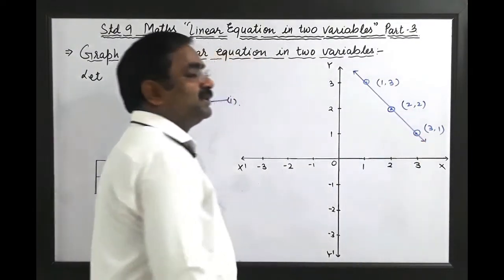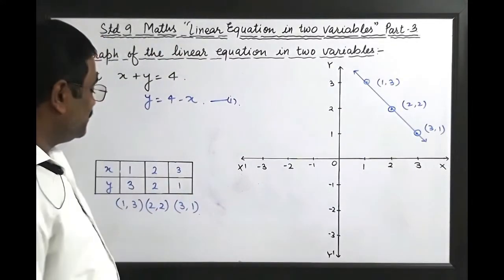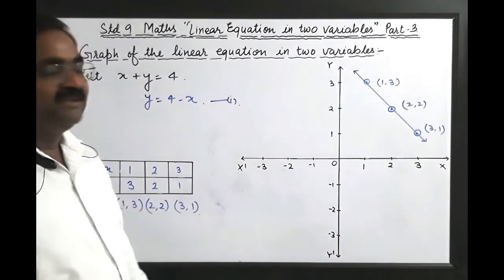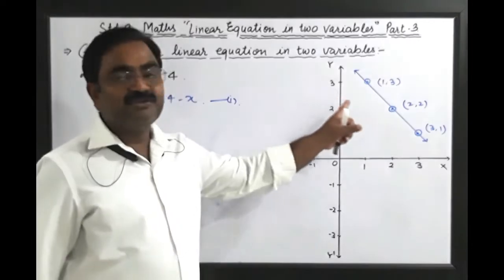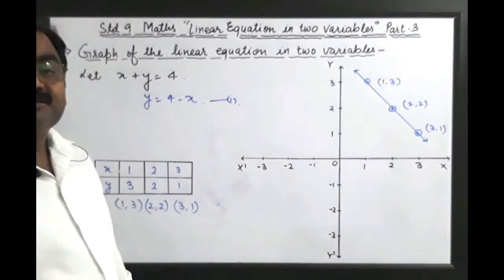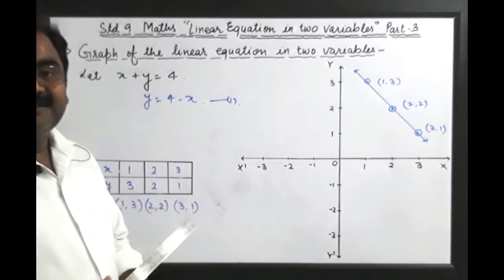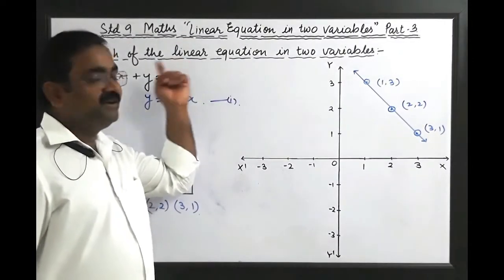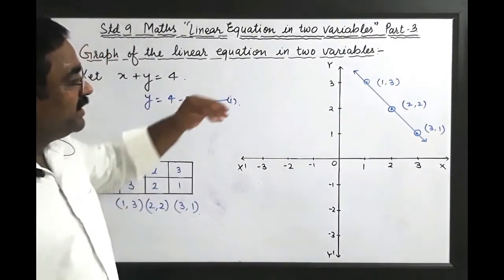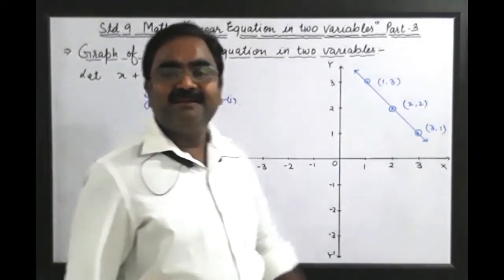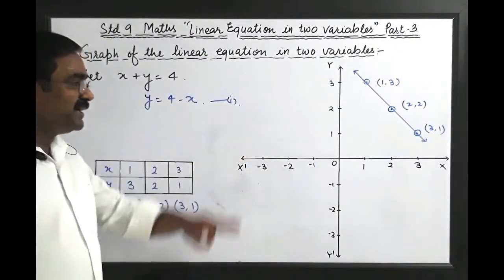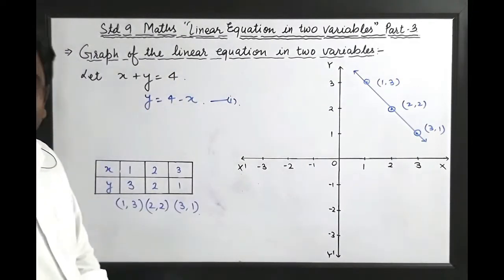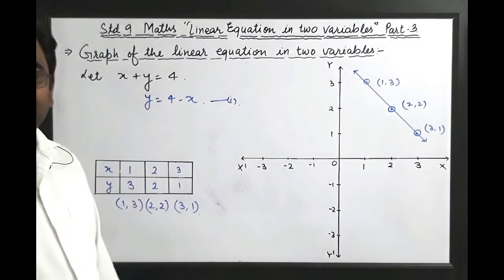Because this third point is also a solution of this equation. So the graph of this equation is also a straight line, a linear one. That's why once again it is proved that this equation is called a linear equation. And there are so many points lying on this line, so it is also proved that a linear equation in two variables has infinitely many solutions.